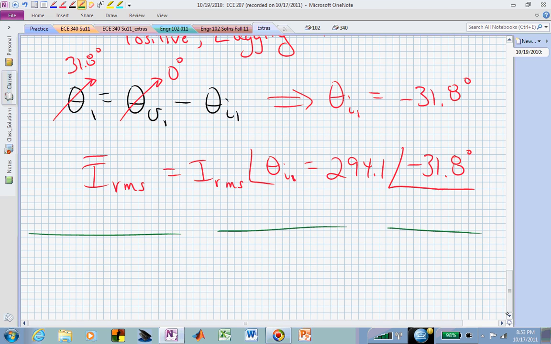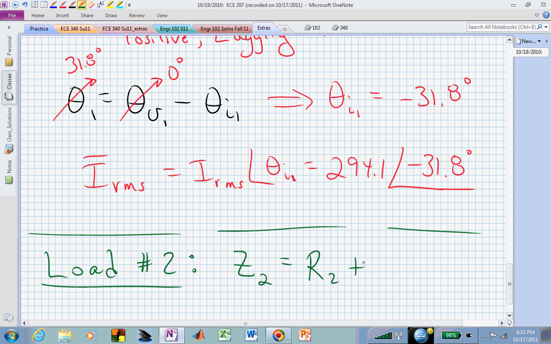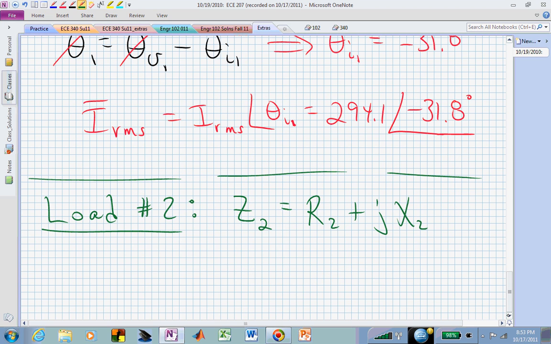If we look at load number 2, which is the model of our transmission line, we have Z sub 2 in general is the resistive component of that impedance plus J X sub 2, being the reactive part of that impedance.